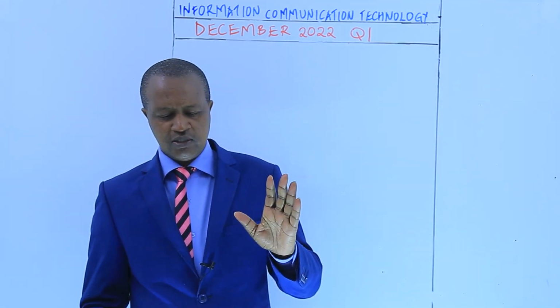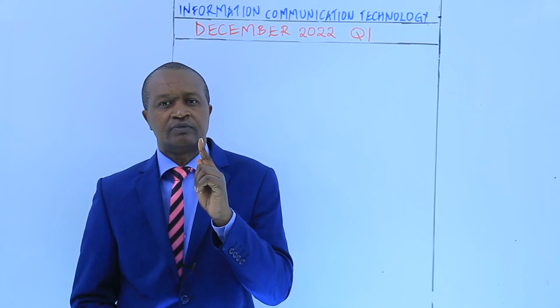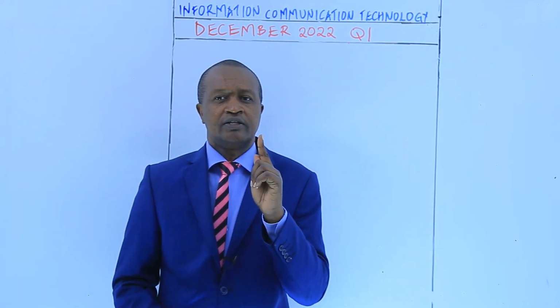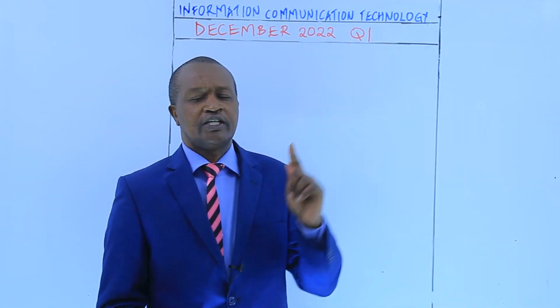Question 1 reads, A. State 4 disadvantages of implementing information systems in an organization. The first disadvantage is cost. The cost for hardware, software, infrastructure, training, and so on.